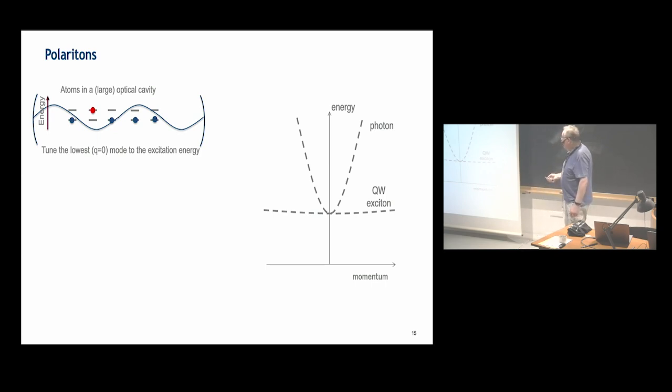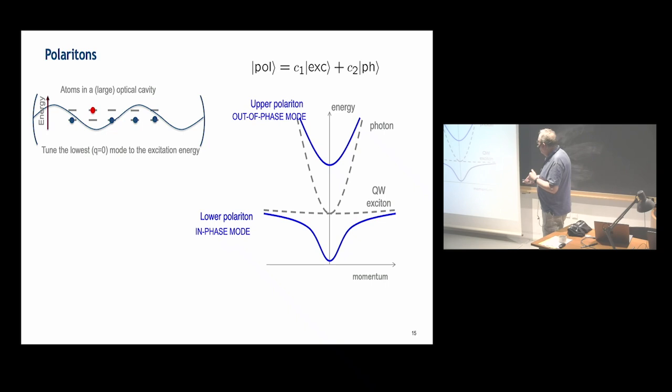Then, with some very good engineering, you can, of course, tune these things. And then in the vicinity of this point, if everything is coherent, they'll couple, and you'll get a polariton, which is a linear combination you can think of as an exciton and a photon. And because of hybridization, they will be split, and you'll generate these modes called polaritons.